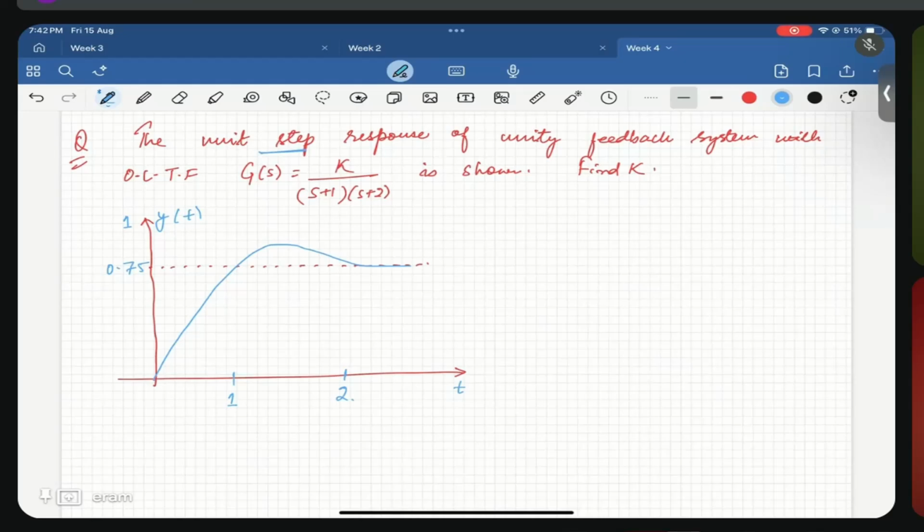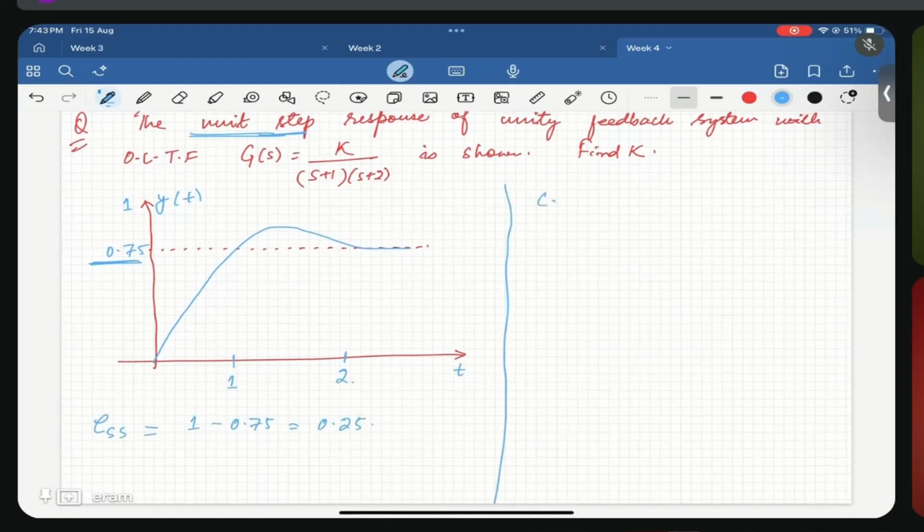Unit step means it should be equal to 1 as t goes to infinity, but it is settling to which value? 0.75. So what is the steady state error? 1 minus 0.75, it is 0.25. Now you have the steady state error. Now can you calculate the value of k?